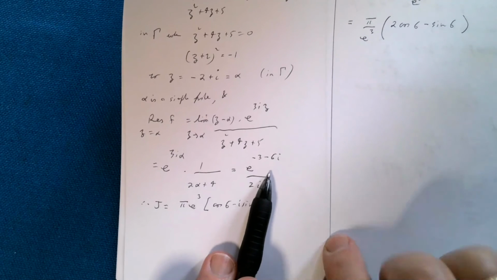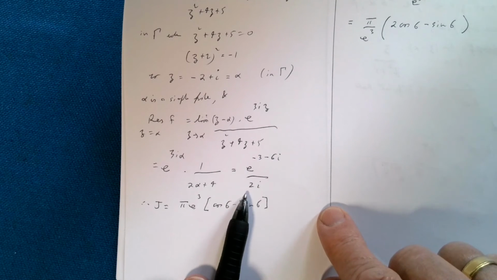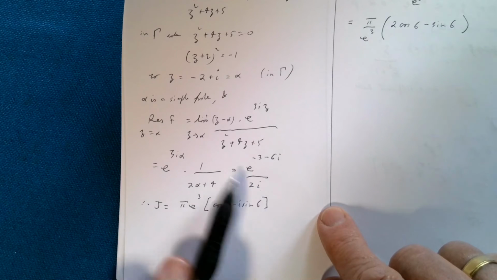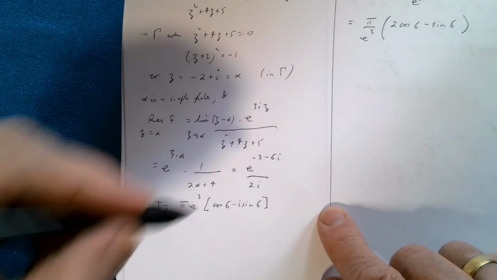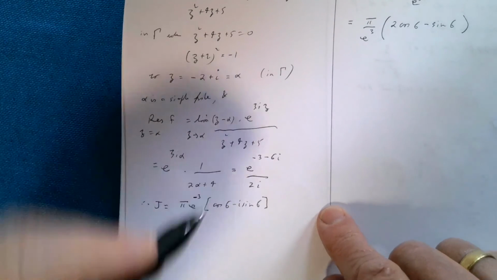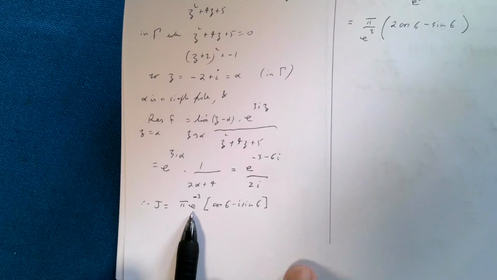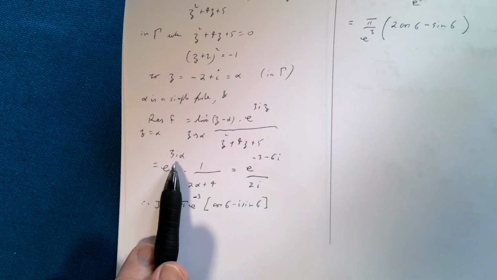So J then is 2 pi i times the sum of the residues. Well, there's only one. So the 2i goes out with the 2 pi i, I get a pi left. I've got an e to the minus 3 from here. And I did get that correct, didn't we? It's 3i times that.